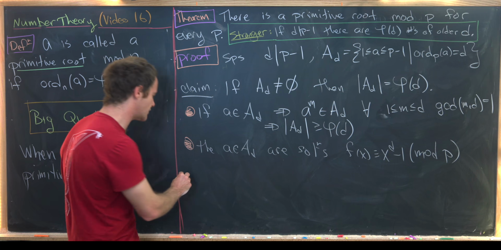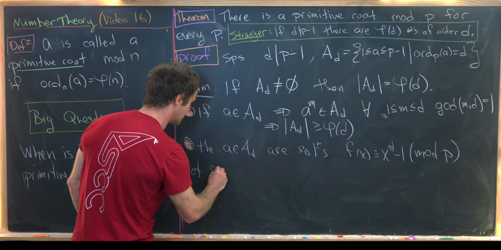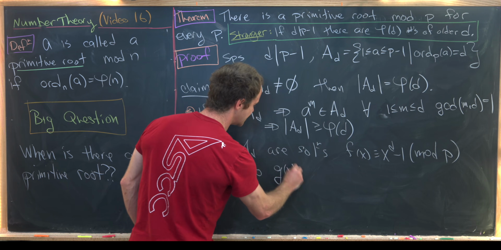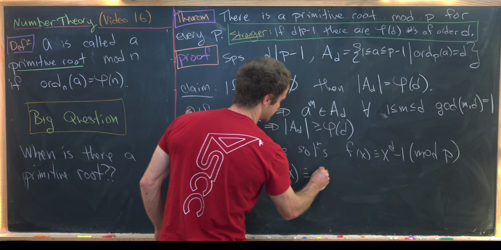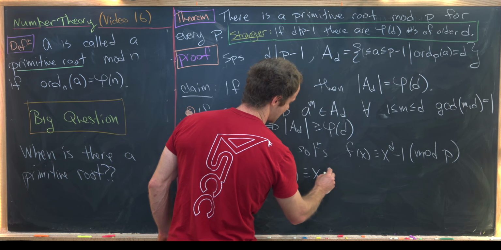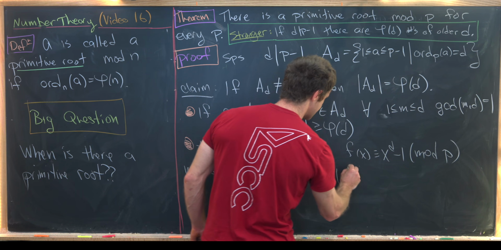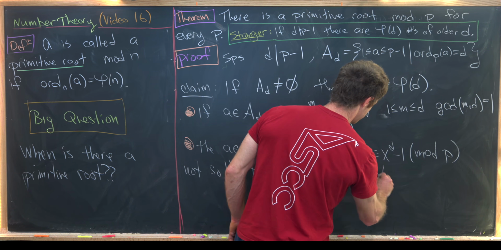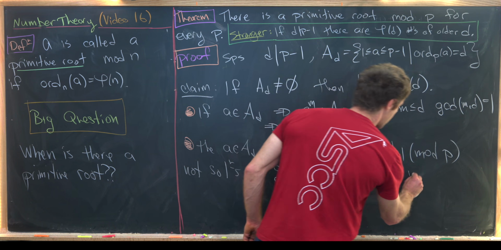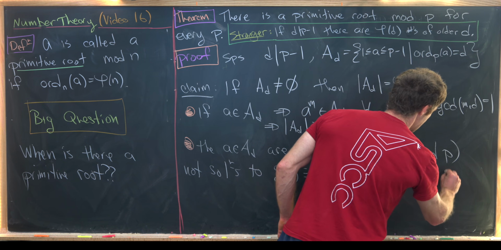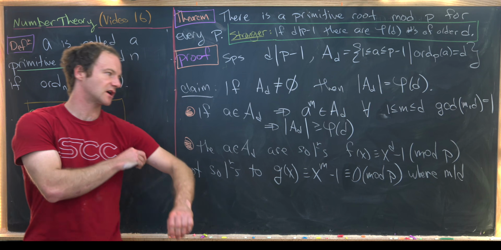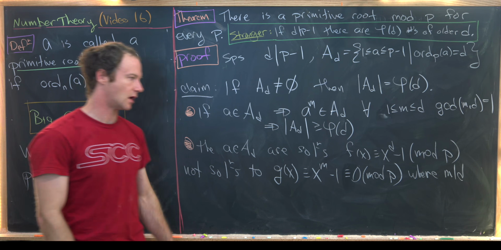Okay, but then let's notice that they are not solutions to a congruence g of x, which is x to the m minus 1 congruent to 0 mod p, where m divides d, because if they were solutions to this congruence, then their order would be smaller than d.